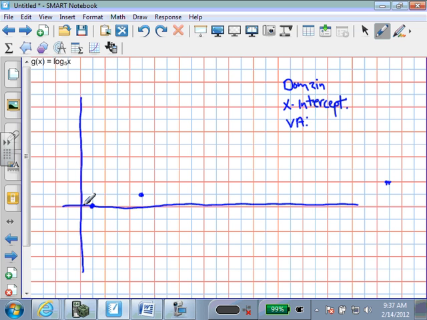Fraction-wise, I want 1/5, because 5 to the negative first is 1/5. And 5 to the negative second is 1/25. So we get, it's sort of hard to draw because you have to go a long stretch before you get to rise at all.